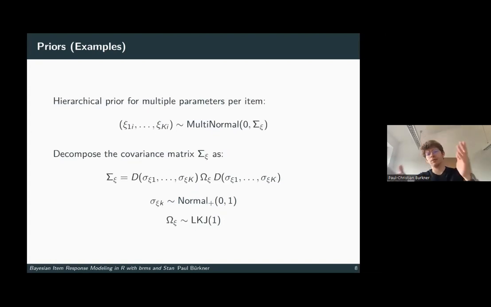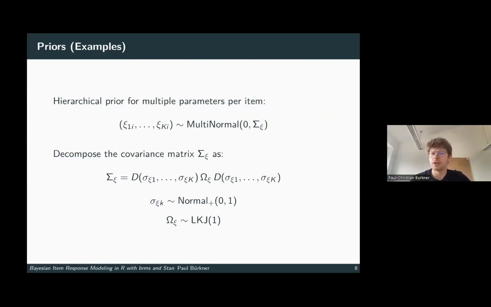We could also make that more involved. If we had multiple item parameters per item, for example, in the 3PL model, we had 3 item parameters like easiness, discrimination, and guessing parameter, and we could scale them appropriately with some link functions. Then we could model that hierarchically with a multivariate normal prior that not only had those standard deviations belonging to the specific parameters, but it would also have a correlation matrix here, omega, zeta, that would model the correlation.